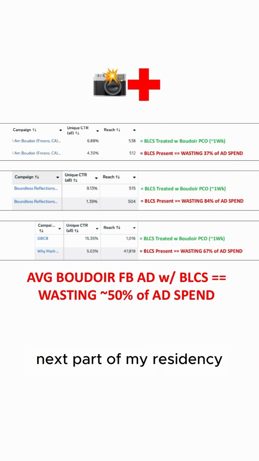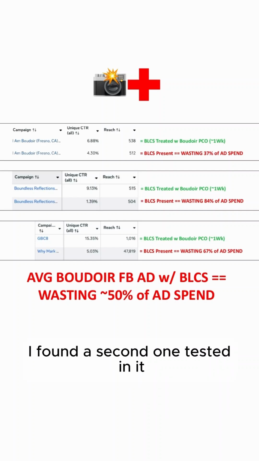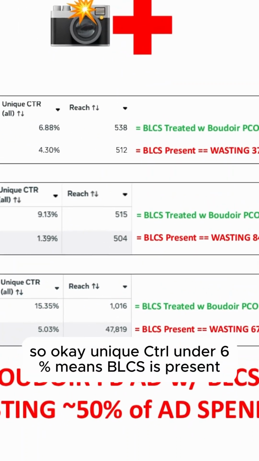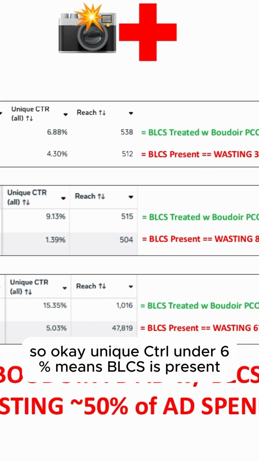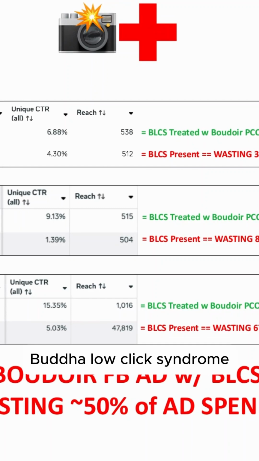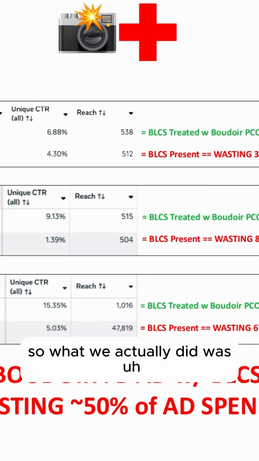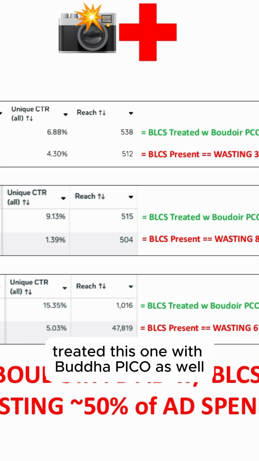Next, I found a second one, tested it, and found its unique CTR all was 1.39%. So, unique CTR all under 6% means BLCS is present, boudoir low click syndrome. So what we did was treat this one with Boudoir Pico as well.